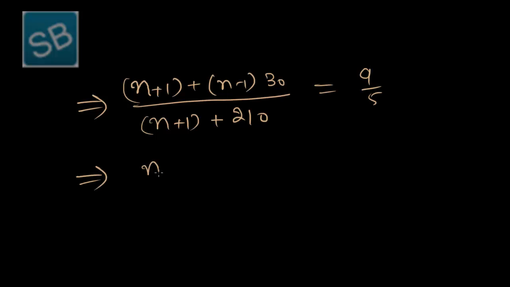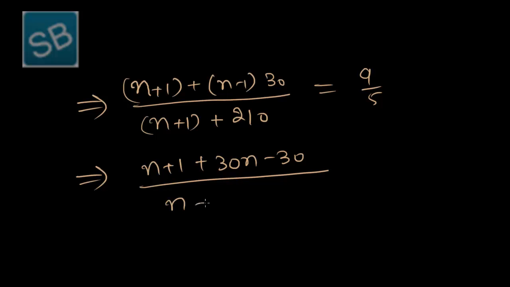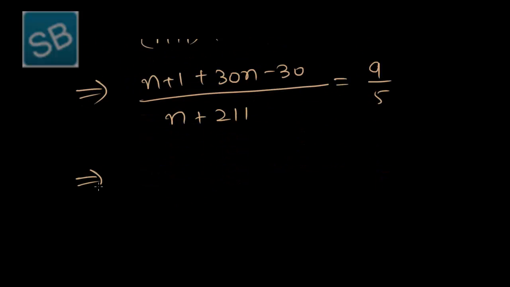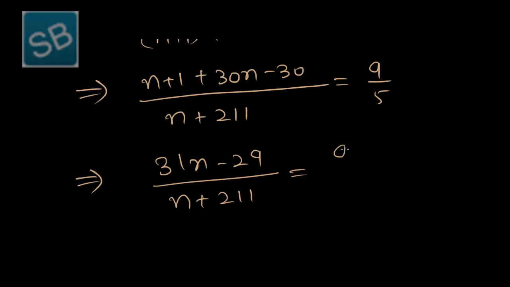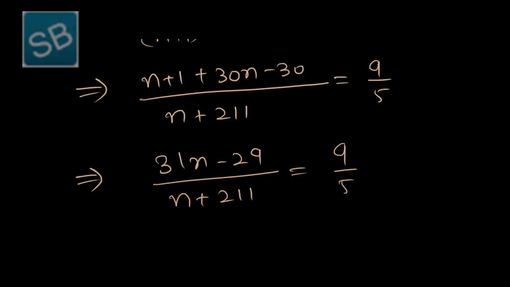That is 31n minus 29 over n plus 211 is equal to 9 over 5.